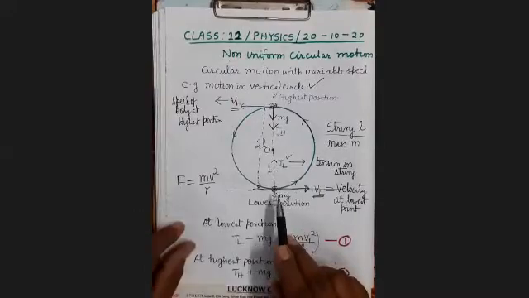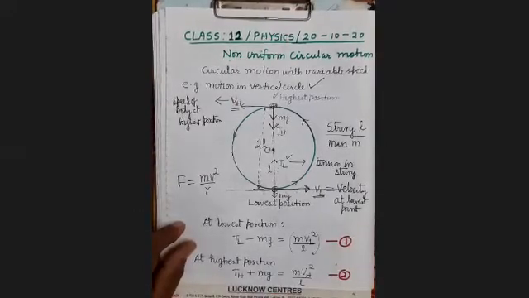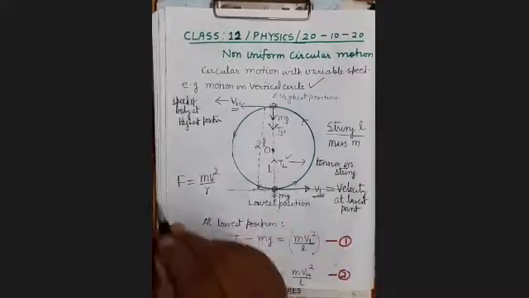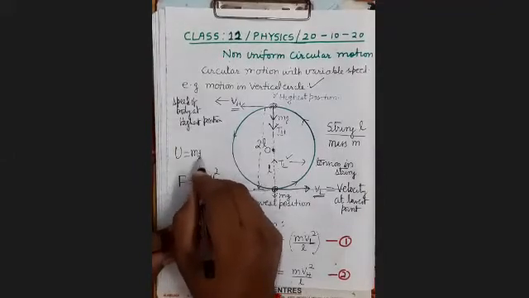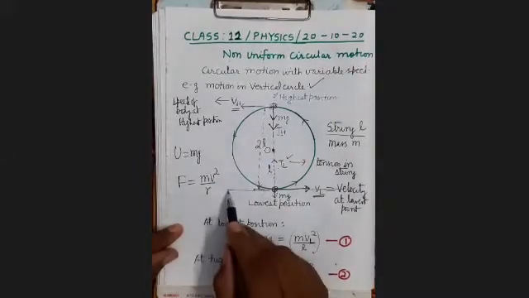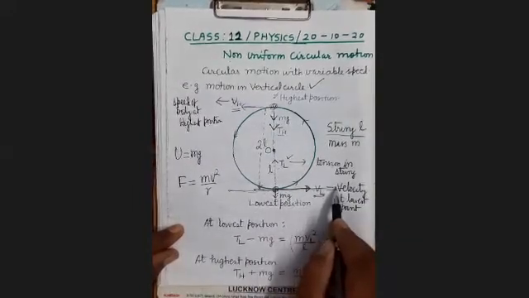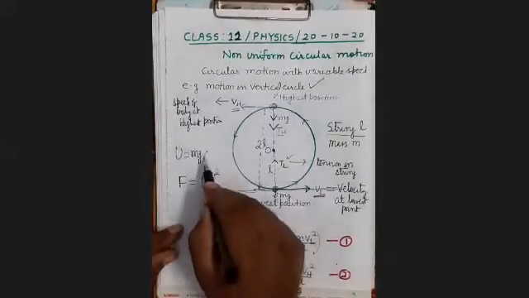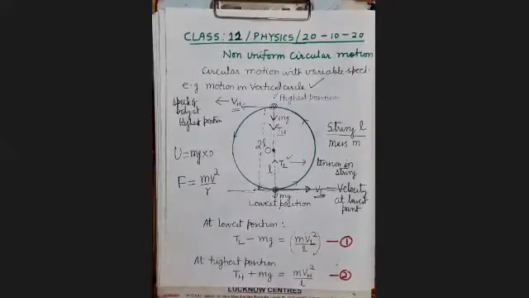Kinetic energy is 1 upon 2 m into VL square. What will be the potential energy of the body? The formula of potential energy is mg into height from the ground, and height we are measuring from this level. Body is already at the same level, so what will be the height? Height will be 0.